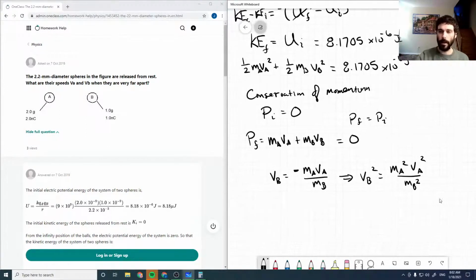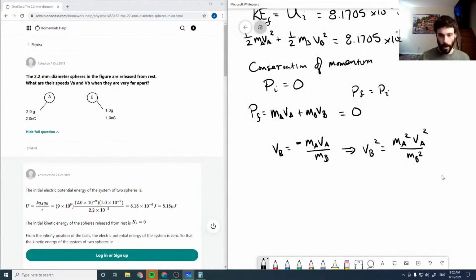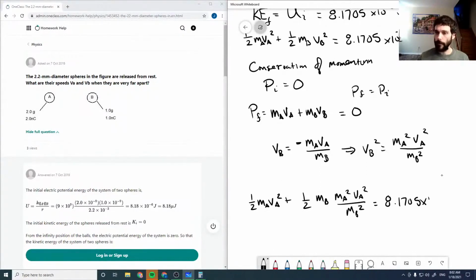Plugging this into our kinetic energy, we have 1/2 mA vA squared plus 1/2 mB times mA squared vA squared over mB squared is equal to this 8.1705 times 10 to the minus 6 joules.